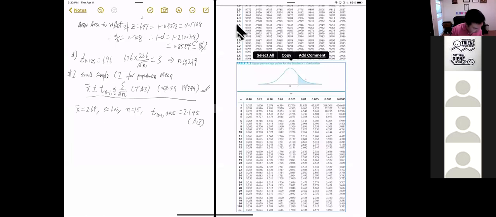Then just plug in the numbers: 2.64 plus minus t value 2.145 times s given 1.02 over square root of n, 15. So that is equal to, okay, so that is the confidence interval.